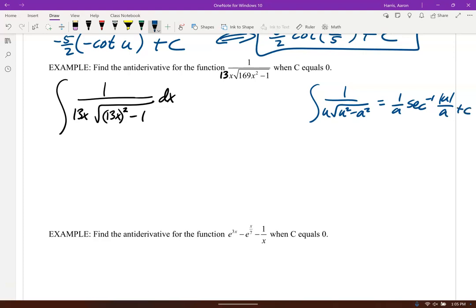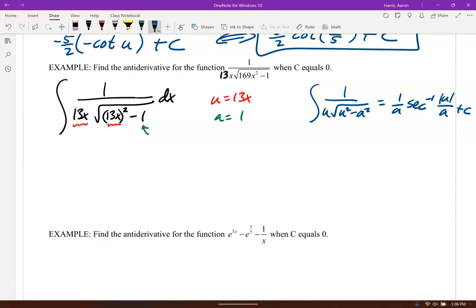Hopefully you can see how the u here, here's my u, here's my u. My u is 13x. So it fits the form, if you will, right? And my a is the 1, right? This is like 1 squared, so my a is 1. So u is 13x, a is 1.